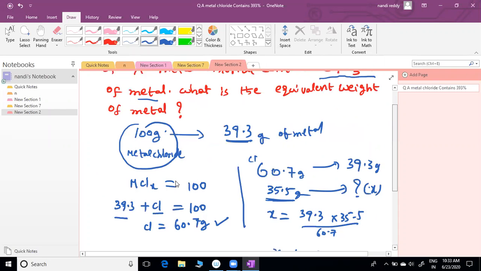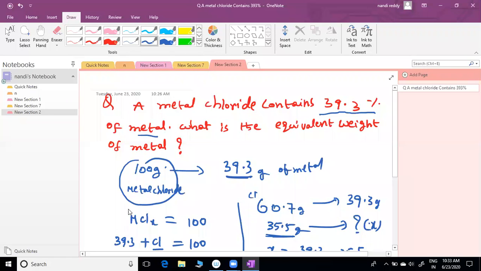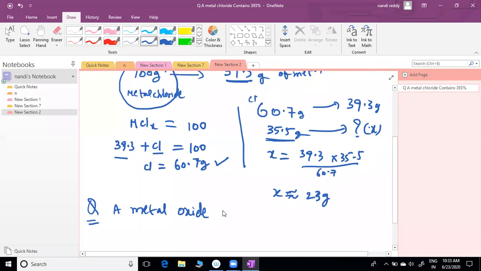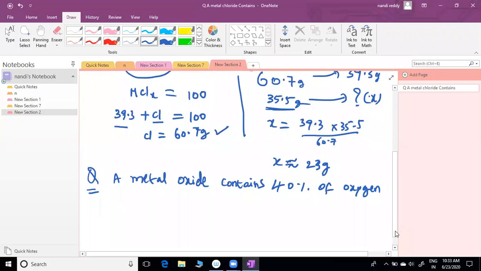A metal oxide contains 40% oxygen. What is the equivalent weight of metal?